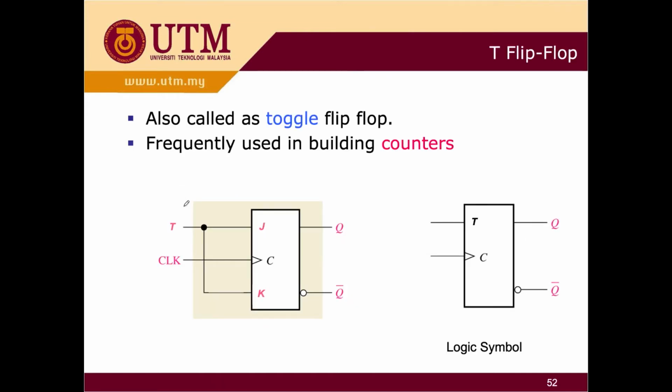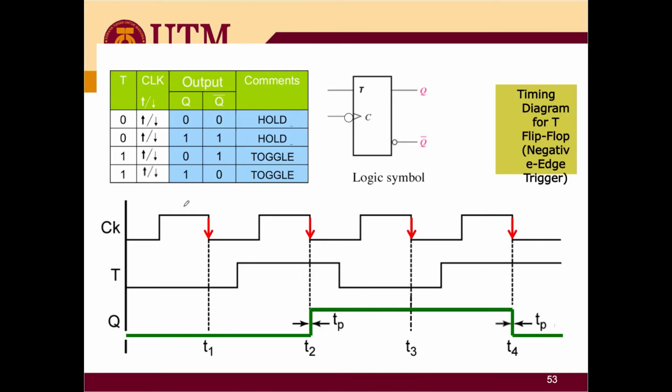So similar to your T flip-flop, T is toggle, so it's quite different because it only has one input. Another one is your clock, of course. Frequently it is used in building counters. So these are the logic symbols, and the truth tables were given.